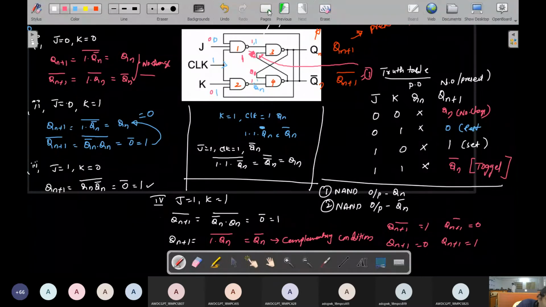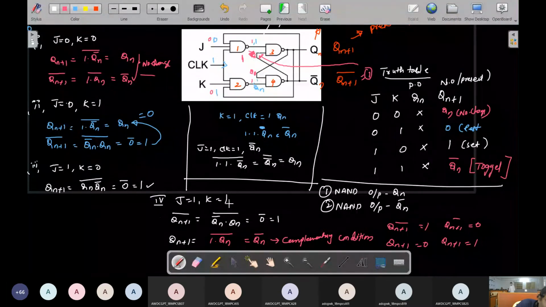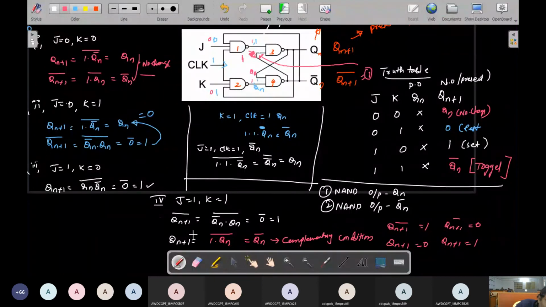First of all, I explain what the race around condition is, because in the state where J is equal to 1, K is equal to 1, at that time the normal output, the normal port of the present output, will show the complementary state. So every time, if you take the normal output, complementary is 1, then your normal output is 0. So every time this value shows low and high continuously.